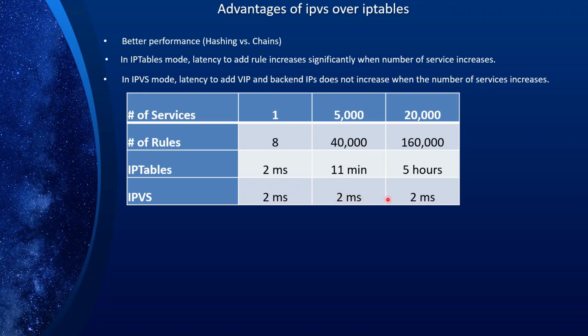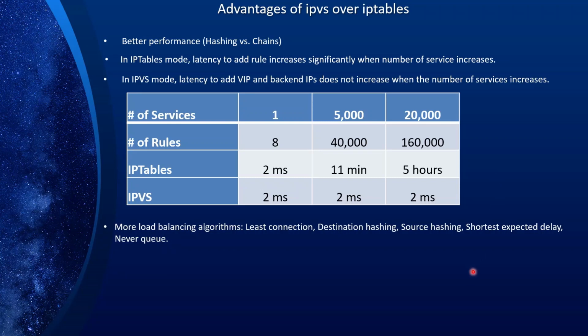As you can see, the time for ipvs is flat, again, because it uses hash tables, and they're all indexed. And if you go even further, we have 20,000 services and 160,000 rules. It took 5 hours for iptables, and again, only 2 milliseconds for ipvs. So you see the time doesn't change for ipvs. These are very significant differences.